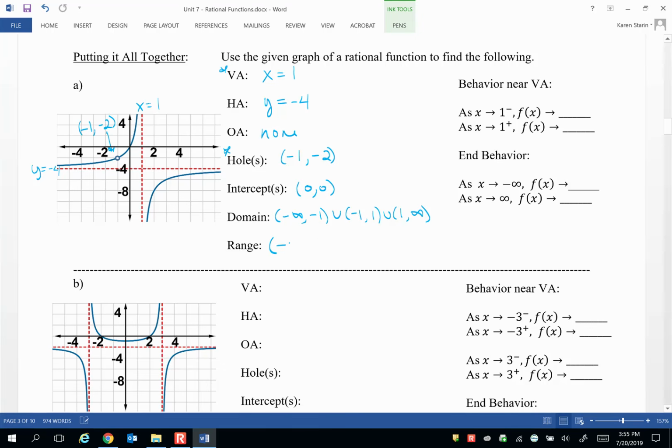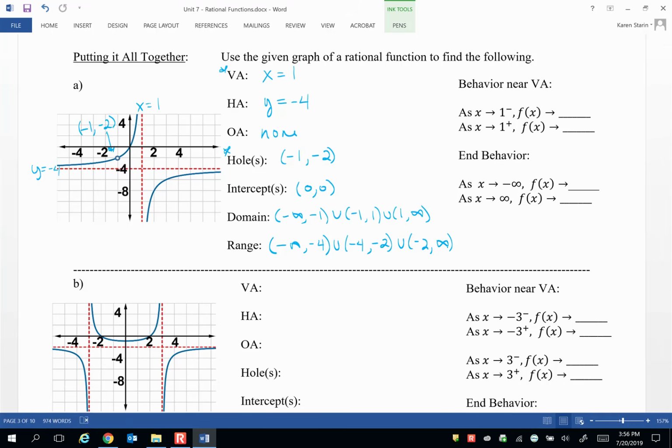So from -infinity to -4, jump over -4, also jump over -2 because that's a value of the function that doesn't exist because of the hole. So the range also has three intervals joined by the union symbol.